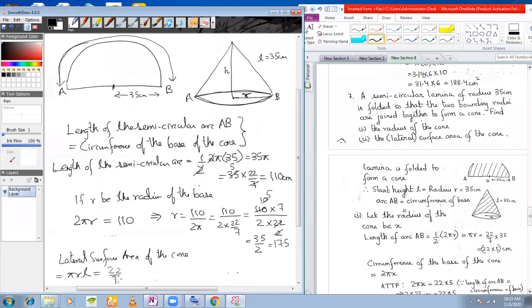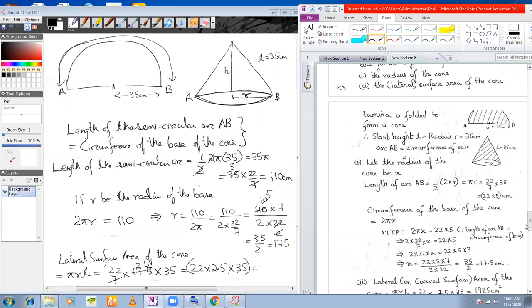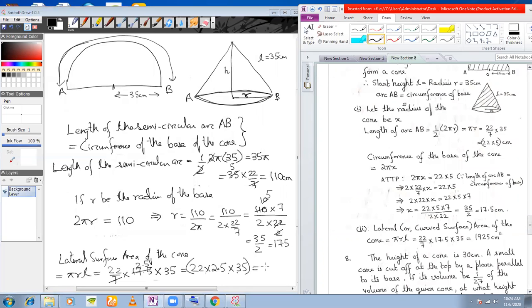Pi here is 22 by 7, radius we have calculated to be 17.5, and l here is 35. So this is 22 into 2.5 into 35. Once you multiply, this comes to 1925 centimeter square. Any questions on this?